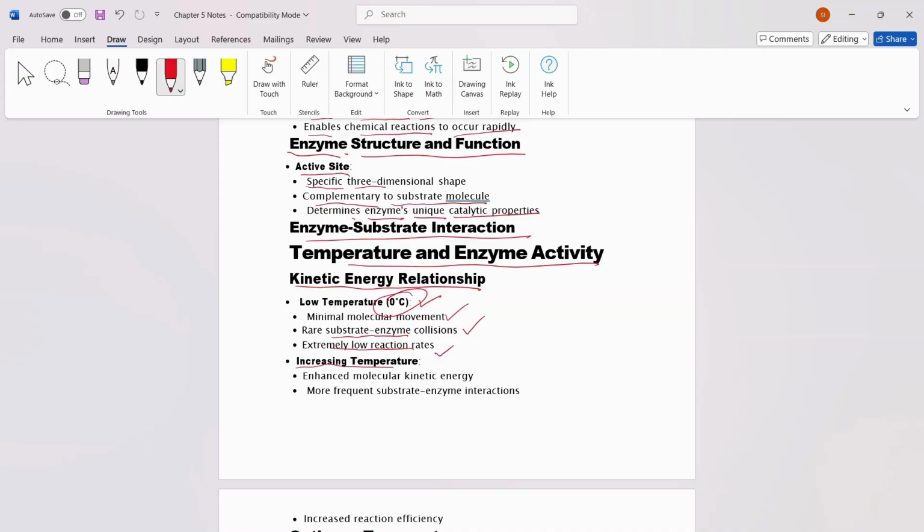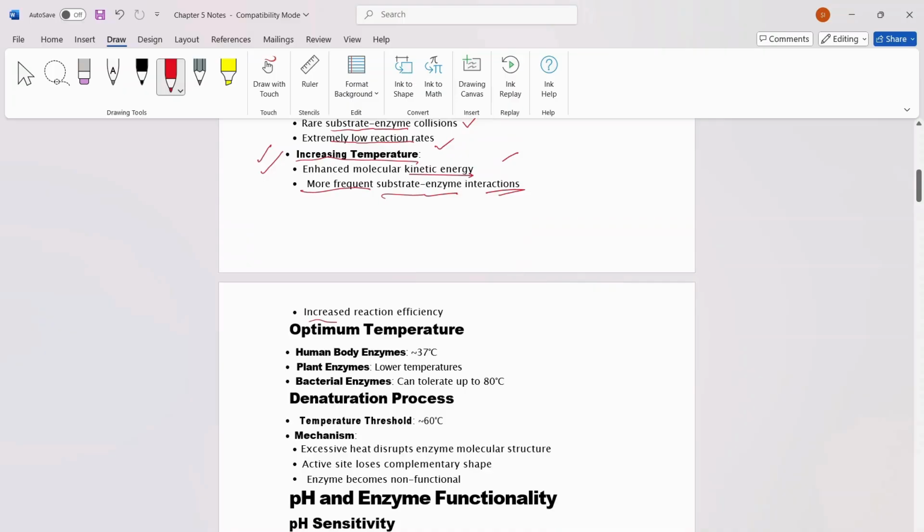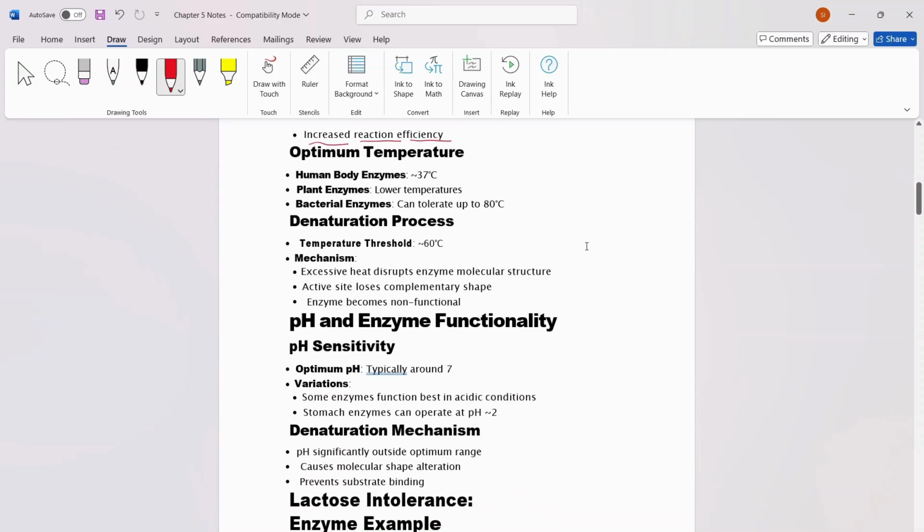Next, increasing temperature means enhanced molecular kinetic energy and more frequent substrate-enzyme interaction. So we need higher temperature for the enzymes to be reactive. It also increases reaction efficiency. When the temperature is increased, the reaction efficiency also increases.